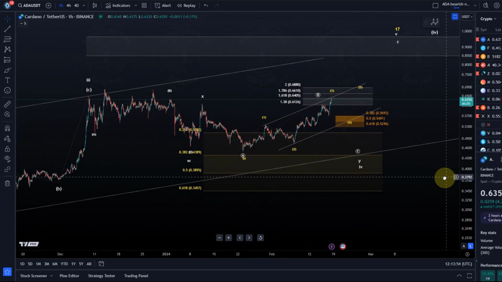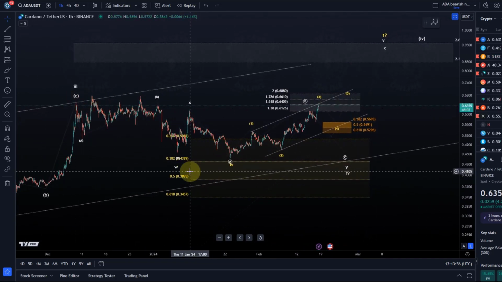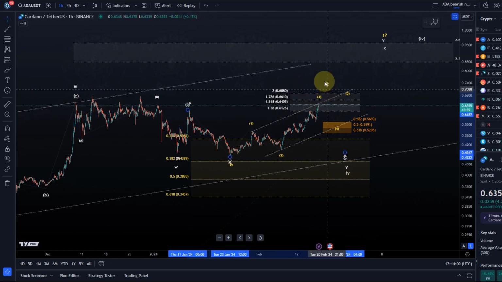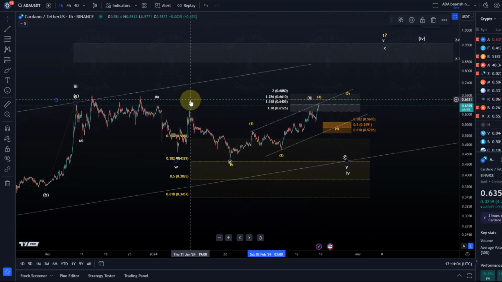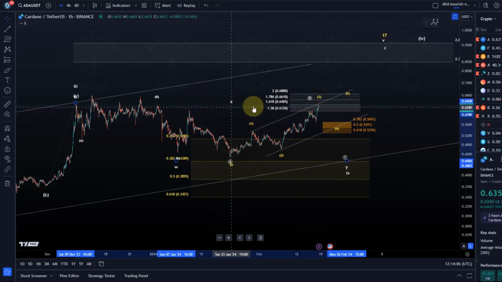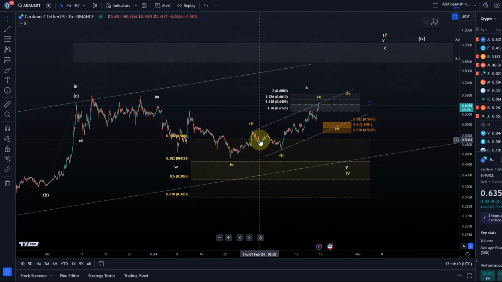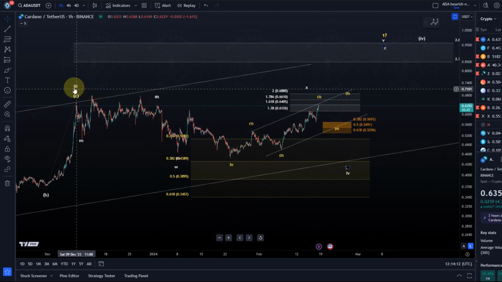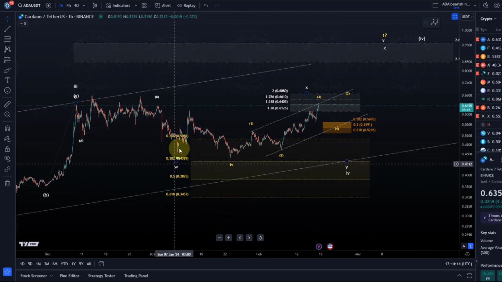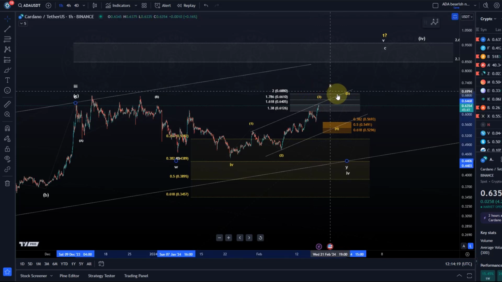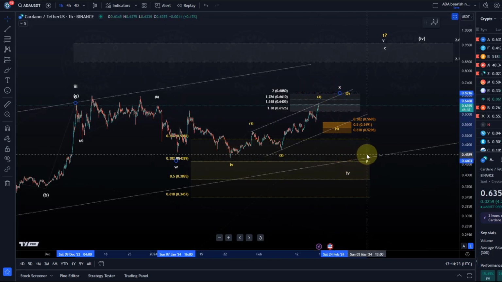In terms of microstructure, I had a WXY structure on the chart. Technically that's still valid, but we now have an overshooting B wave, so I think it makes more sense to consider it just a large WXY. This makes more sense with a wave W to the downside, then A, B, now in the C wave to the upside, which would be A, B, C in wave X, and then we get a Y wave down later.